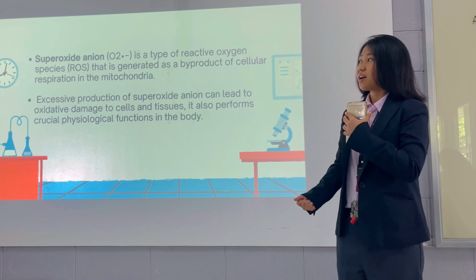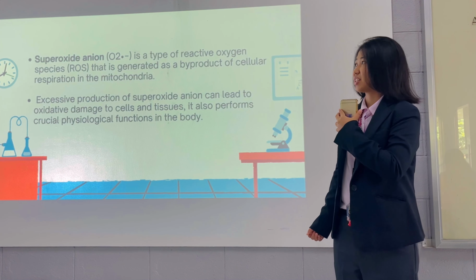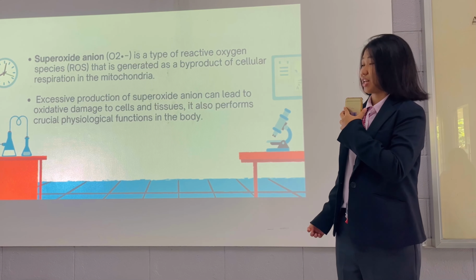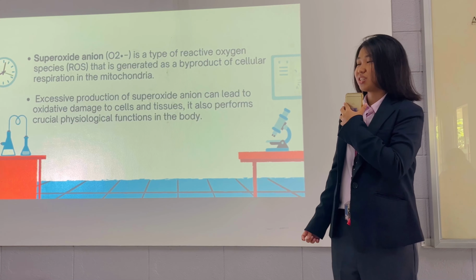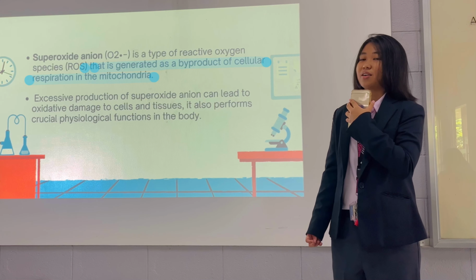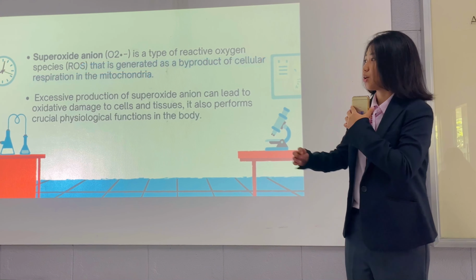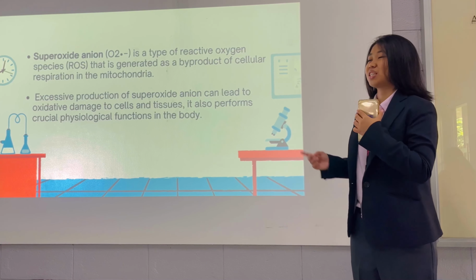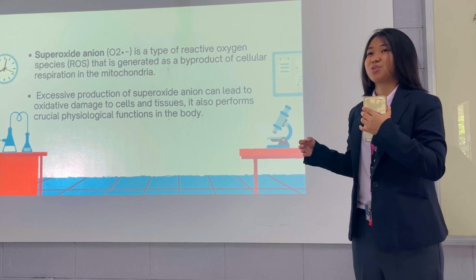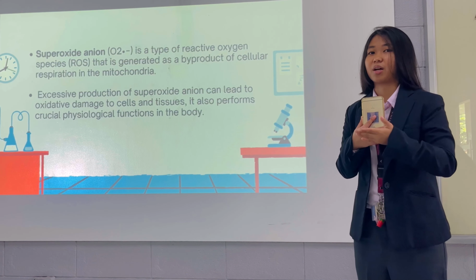First, the superoxide anion, or O2-. The superoxide anion is a type of reactive oxygen species that is generated as a byproduct of cellular respiration in the mitochondria. Because it is produced in the mitochondria, our body needs it to function properly, such as in metabolic processes.